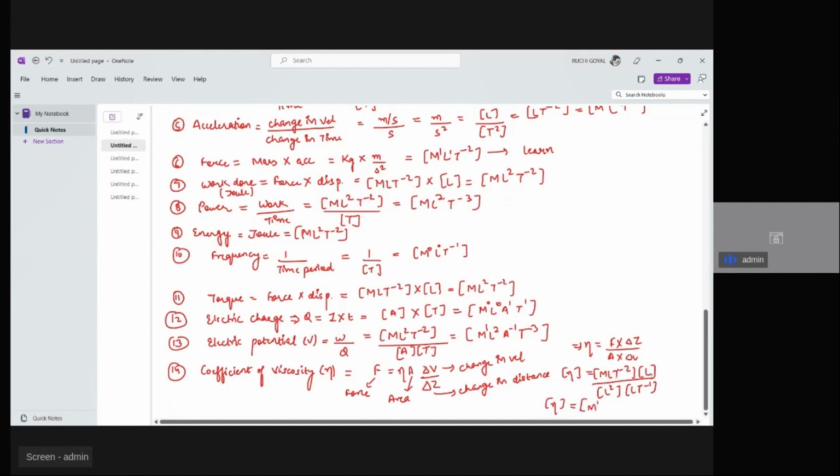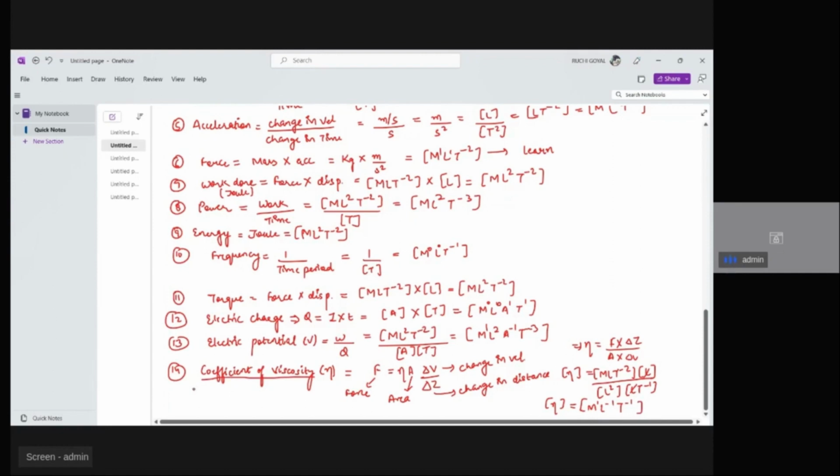What will be the L? This L and this L will cancel out. It will be L1 minus 2, that is L minus 1, and T minus 2 plus 1, so it will be T minus 1. This is a very important formula, the coefficient of viscosity. It is also used in many questions, right?